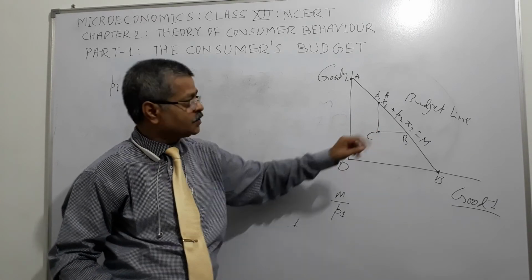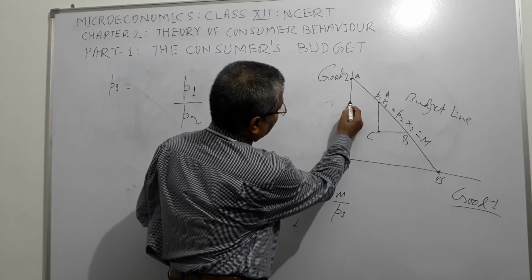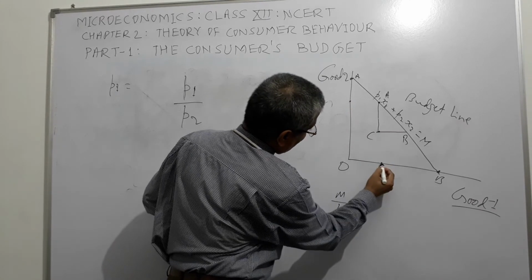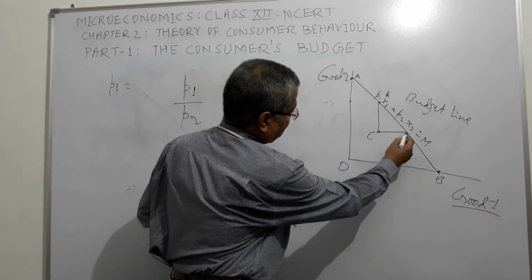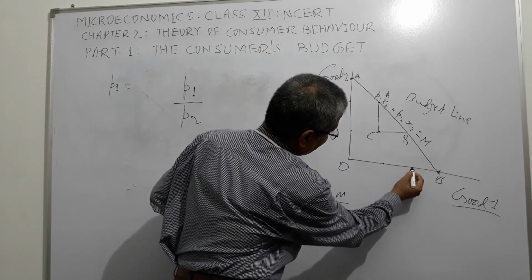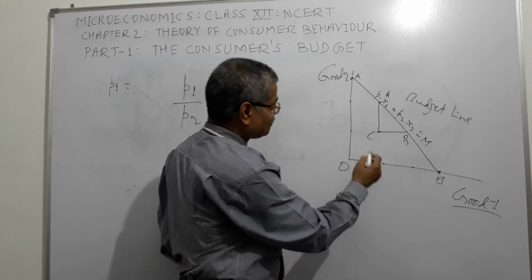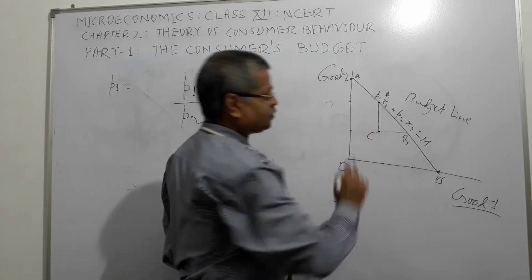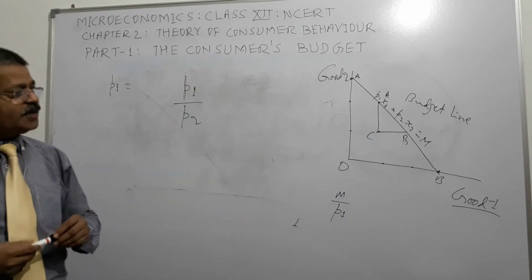At A, the consumer is getting this much of good 2 and this much of good 1. At B, this much of good 2 and this much of good 1. But at C, this much of good 2 and this much of good 1. Correct?